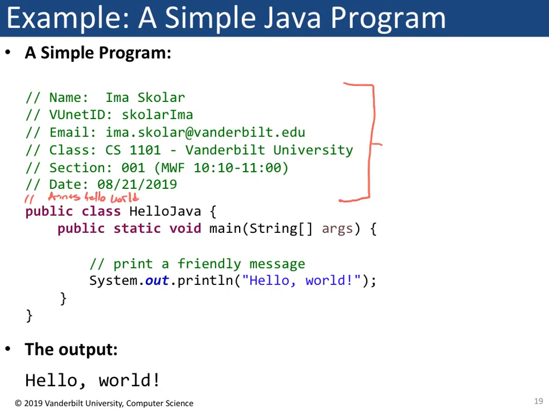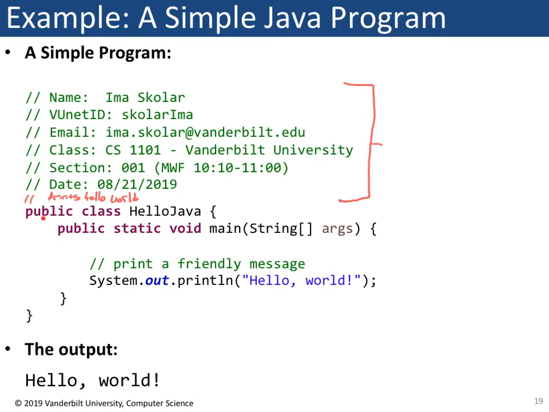So let's look at this program. So first of all, every Java program must have a class, and that class must be named the same as the containing file. So this class is called Hello Java. The file must be named Hello Java. The spelling and the capitalization must match.